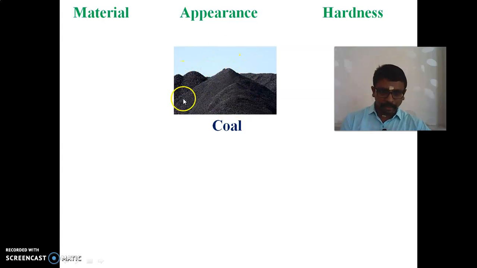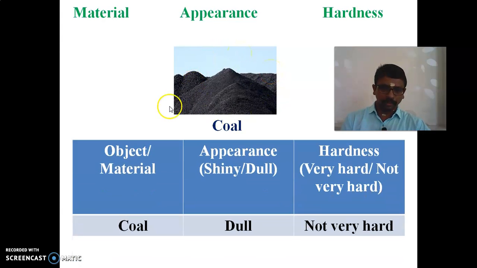Yes, it is dull. And hardness, is it very hard or not very hard, children? Yes, it is not very hard. So we can conclude, for the object coal, the appearance is dull, and the hardness is not very hard.